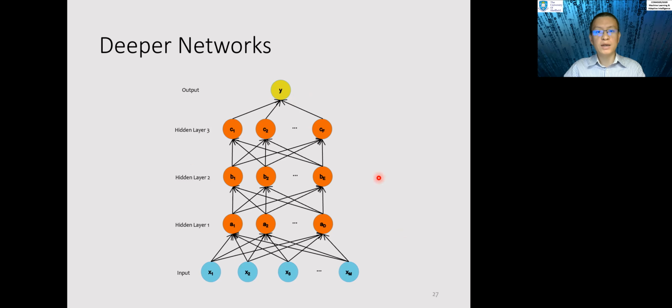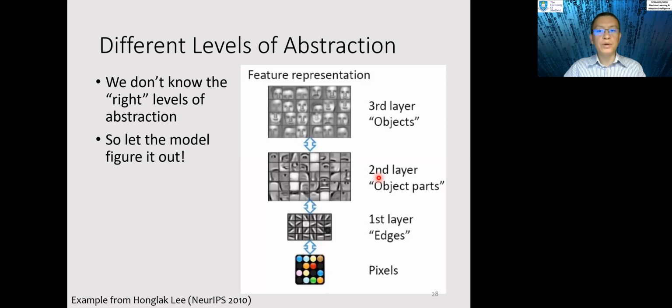So let us look at some visual examples of the different levels of abstraction, or different levels of features, we can learn from deep neural networks. Here, the hypothesis is that we don't know the right level of abstraction because the problem is complex.